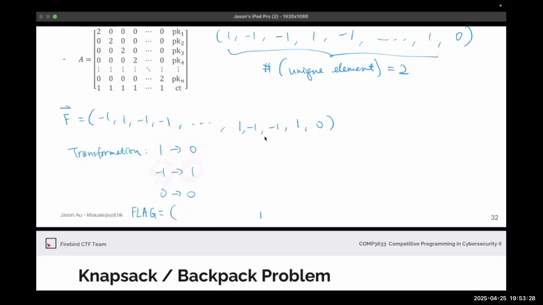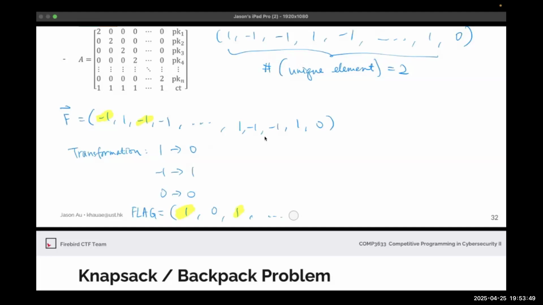So this one will become 1, and this one will become 0, and this one will become 1, and so on and so forth.